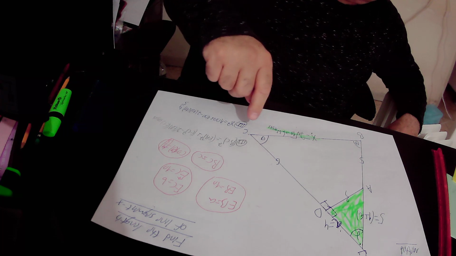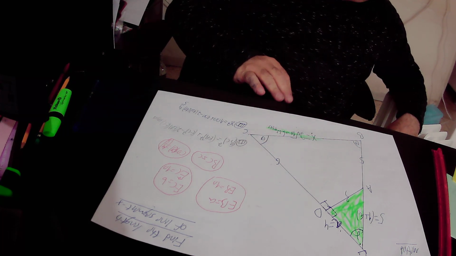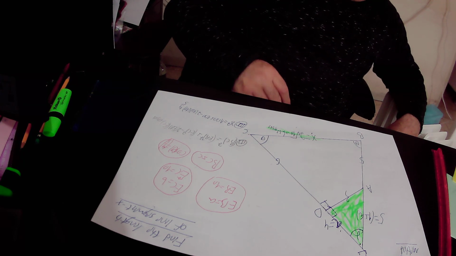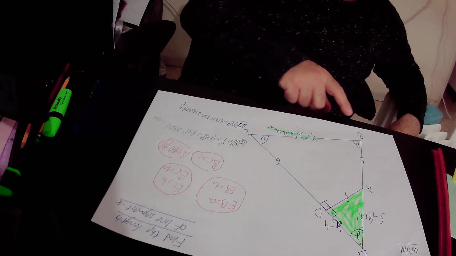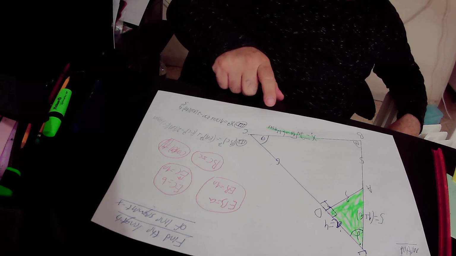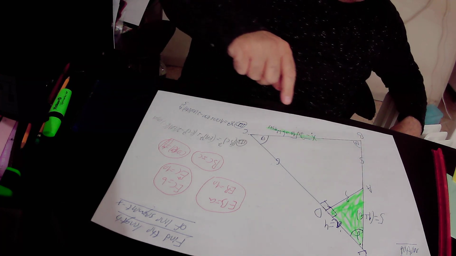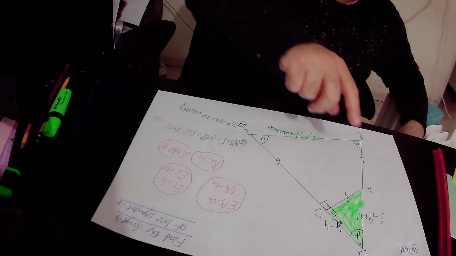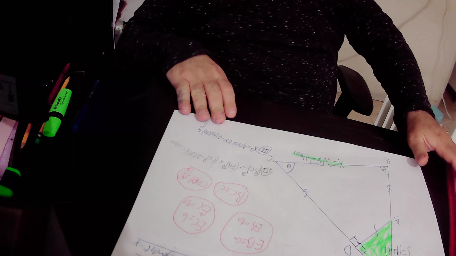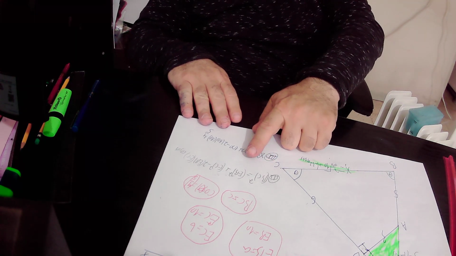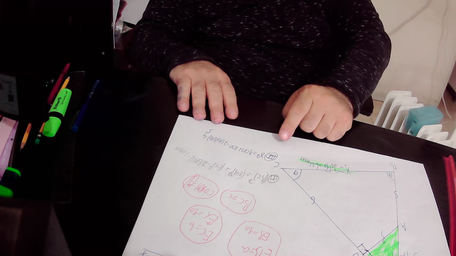EC is not only equal to B, it is also equal to 4 plus 6, that is also 10. So according to the law of cosines, BC squared equals EB squared plus EC squared minus 2 times EB times EC times cosine alpha.